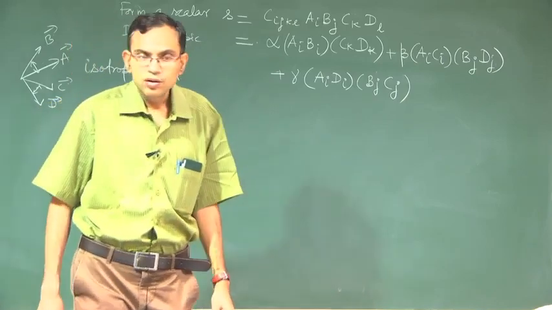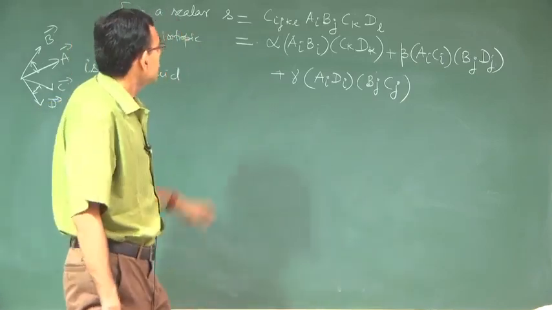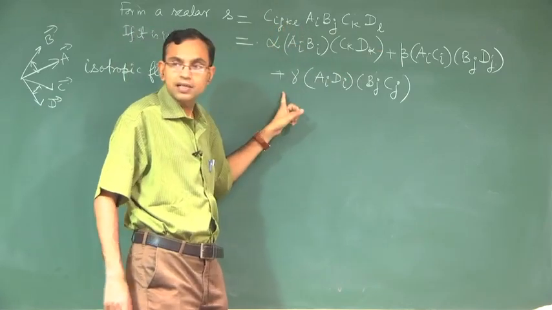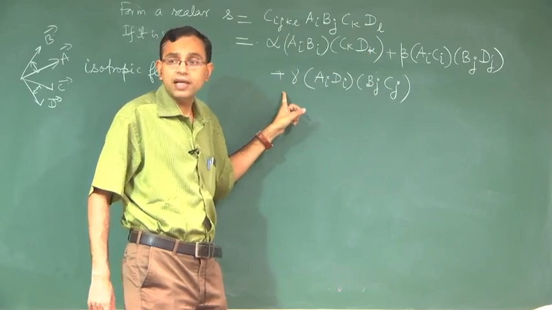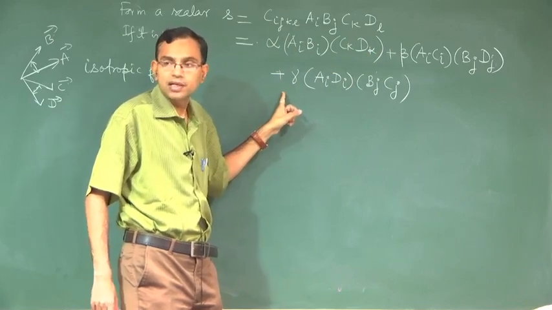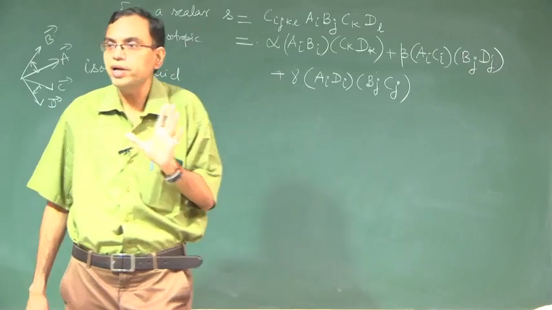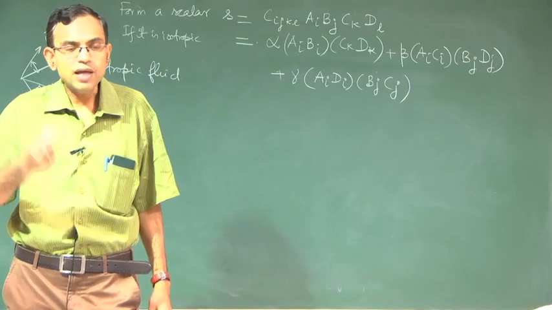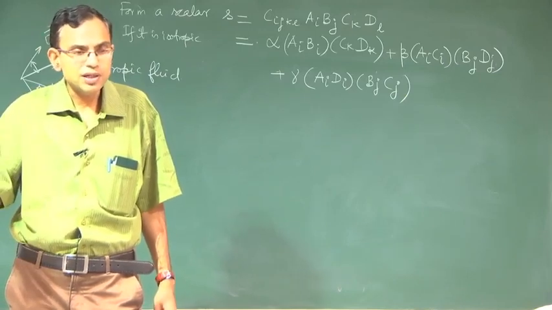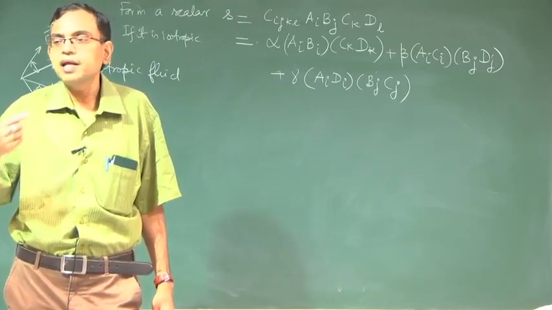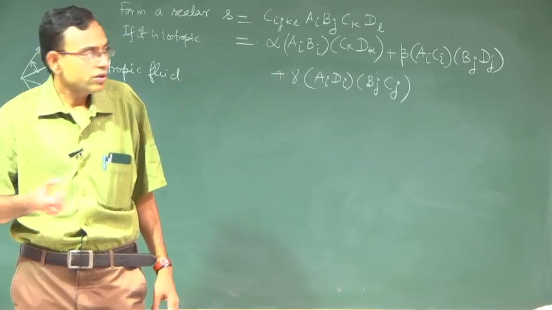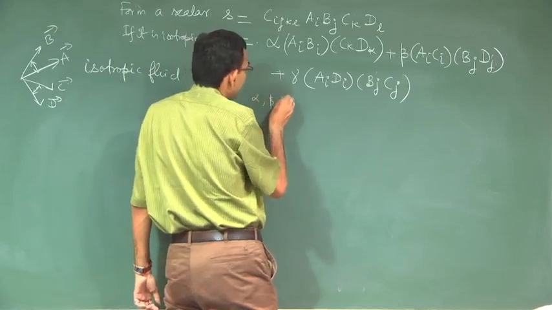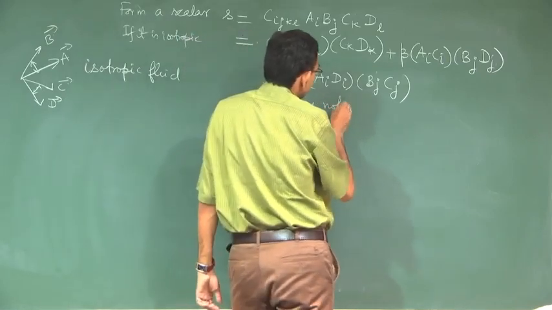So, we are able to write this Cijkl story with 81 indices in terms of the 3 indices, but these themselves could be variables, these may not be very constant indices, but if it is a homogeneous fluid, then this will not vary with position. Homogeneous means not varying with position. Isotropic means not varying with change in direction. So, if it is a homogeneous fluid, then alpha, beta, gamma are position independent.